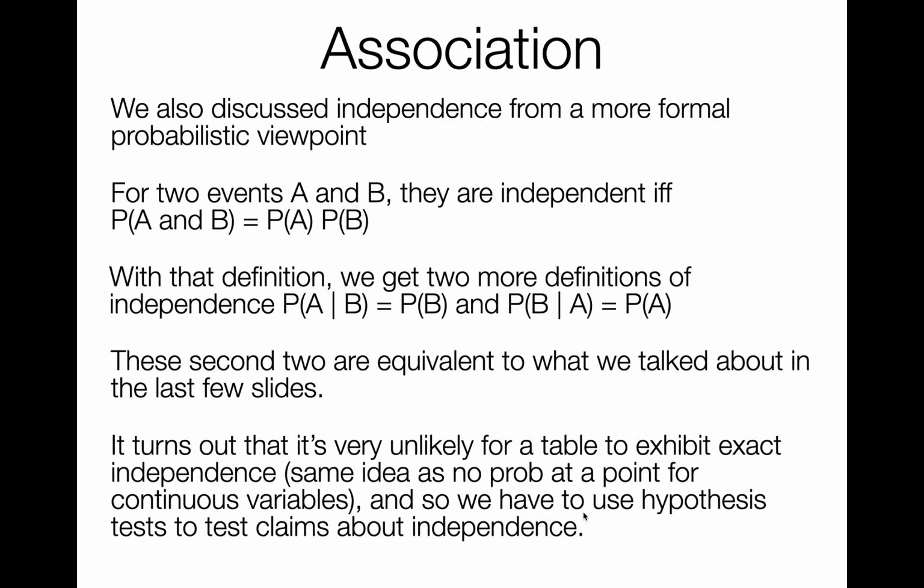Like the probability of A and B is equal to the multiplication of the marginals. It's very hard to do, and it comes along with the same idea as there's no probability at a point for continuous variables. There are just a bunch of tables that could happen. It's very unlikely that you happen upon one of them that actually exhibits independence.